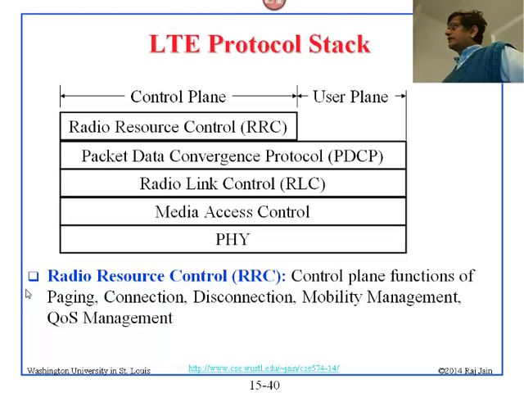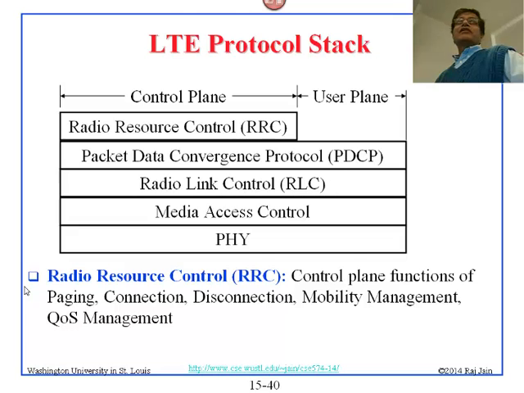All right, let's understand. What is paging? Paging means that I know you are here, but we want to make sure that you are here, so we page you. This is a signal which comes from the base station which says, hello 314-322-8092, are you there? Wake up and answer me. That is paging.